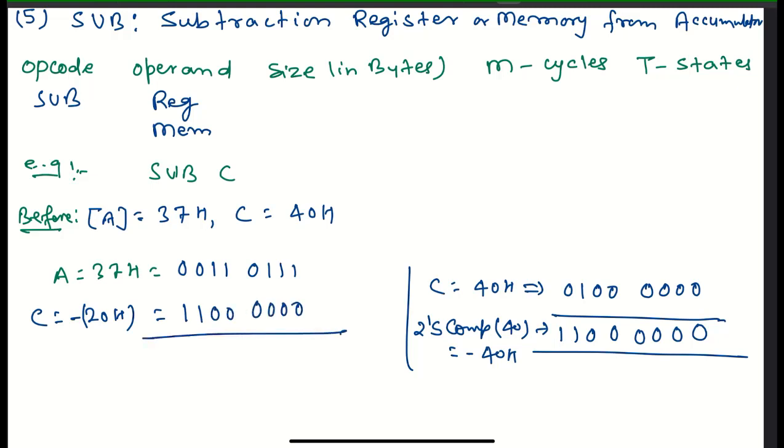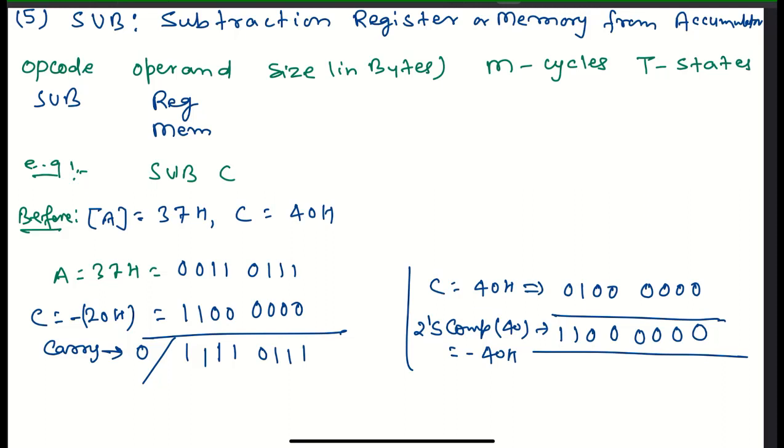Now if we add these two, it gives the subtraction A minus C. At the first stage 1 plus 0 is 1, then again 1, then again 1, at the fourth stage it is 0, then again 1, then at the next stages it is 1, 1, 1, and the carry bit here is showing 0.